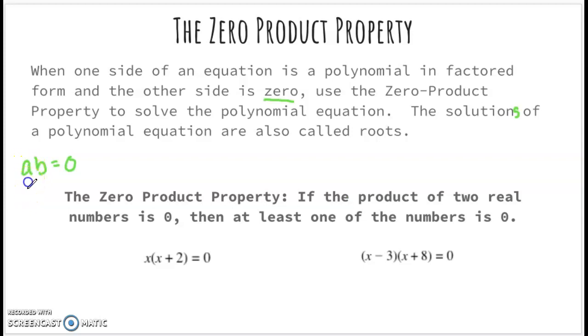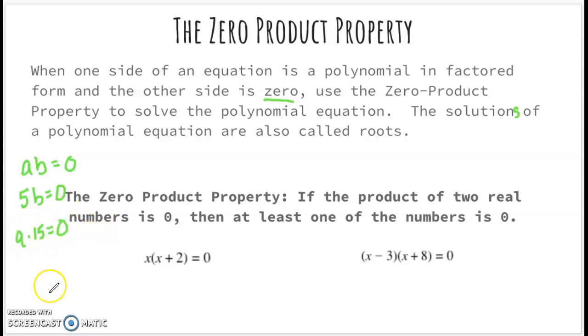Or if I knew a was 5, then 5 times b equals 0, so now I know b has to be 0. Same thing, if I knew b was 15, now I know a has to be 0, because anything times 0 equals 0.